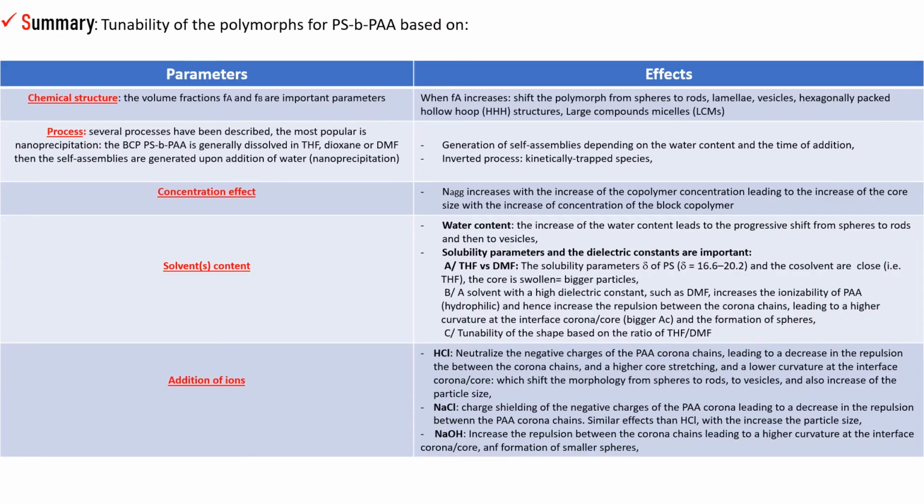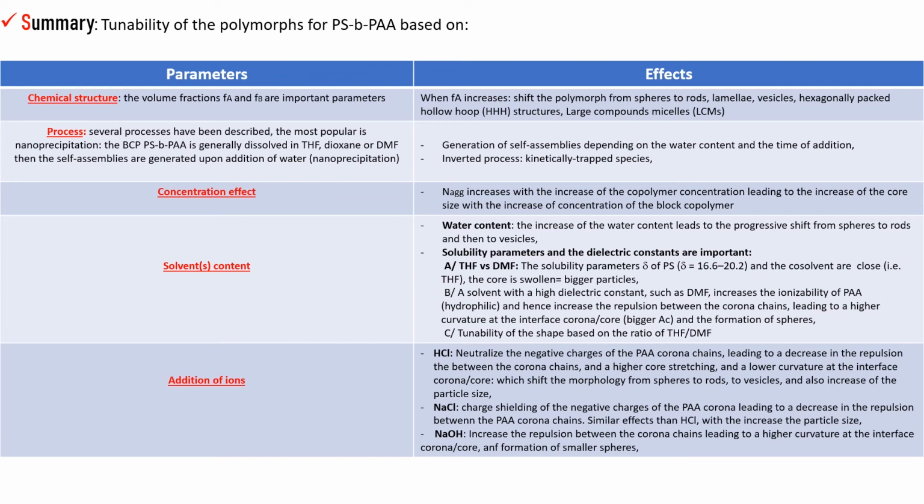In summary, different parameters are important and have been described by Professor Eisenberg for the generation of different polymorphs. He has described 30 types of polymorphs depending on the conditions, using the polystyrene block polyacrylic acid as a model.